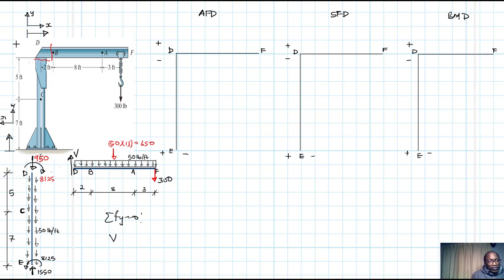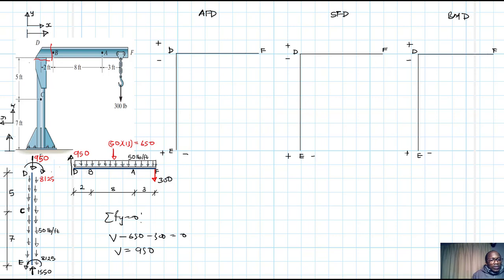So if you sum up those forces, you have V minus 650 minus 300 equal to 0, therefore V is equal to 950. So let me write it there.